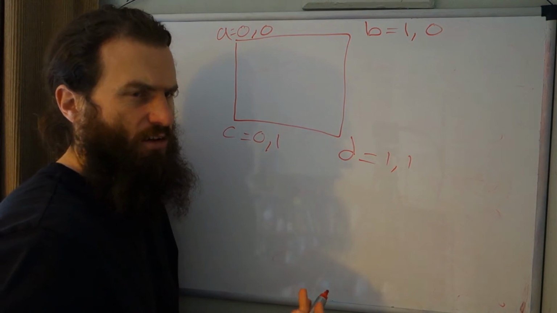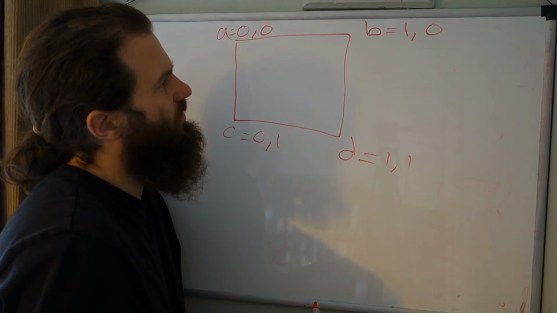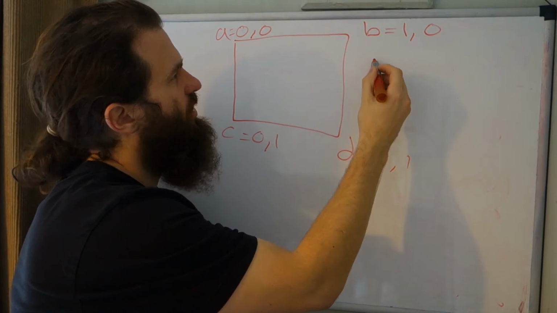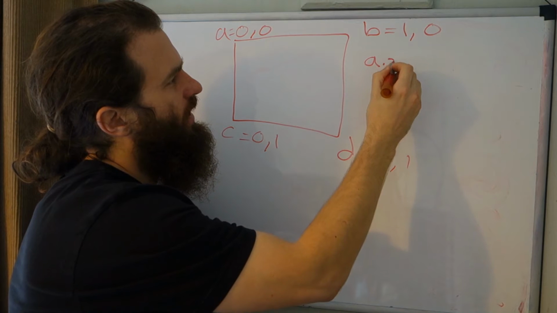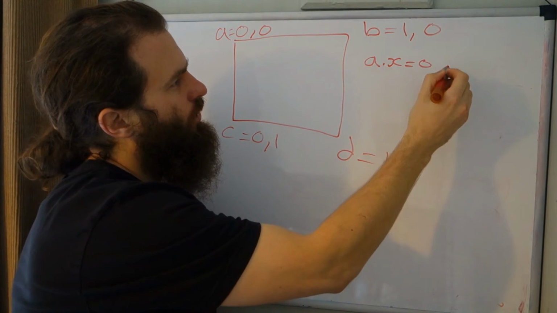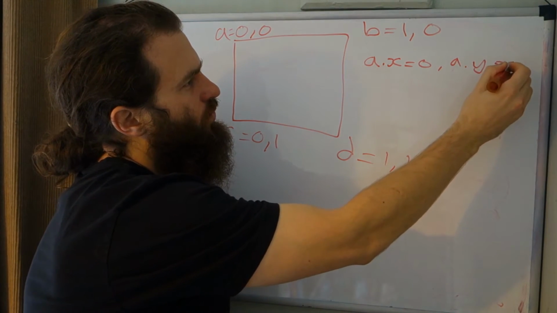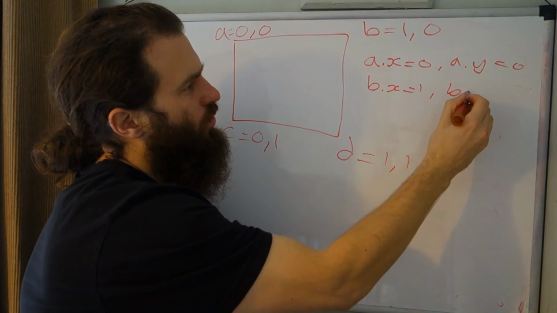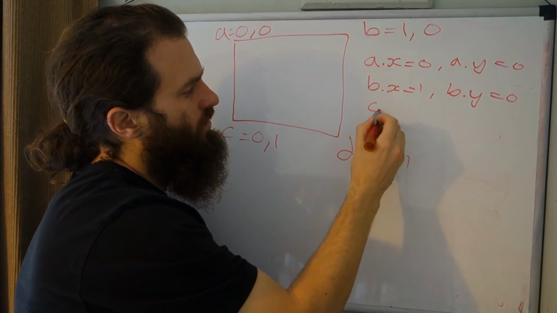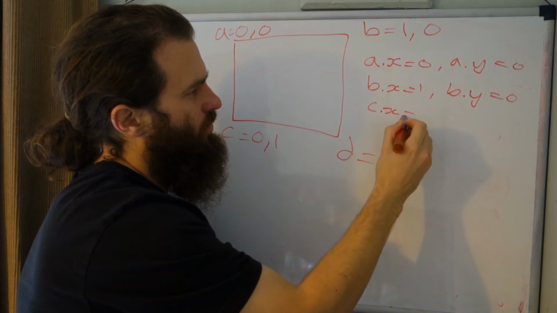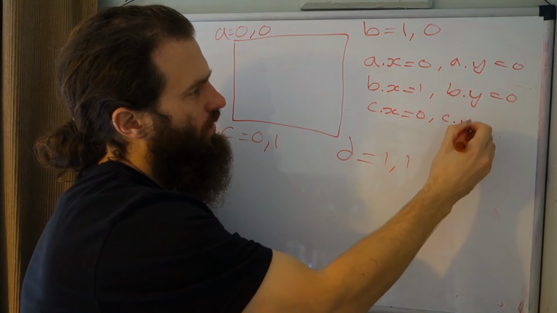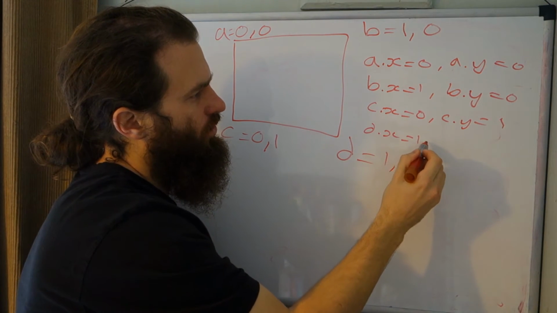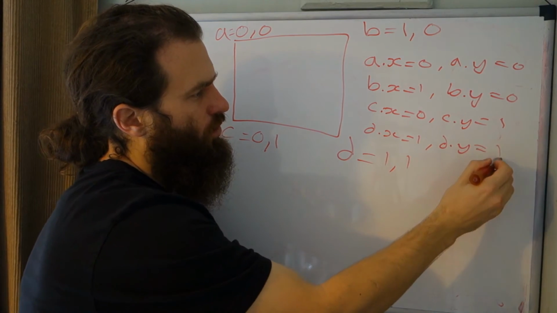I want to write this in a way that's easier to use in our iterative function declaration. So we could say that a.x equals 0, a.y equals 0, b.x equals 1, b.y equals 0, c.x equals 0, c.y equals 1, d.x equals 1, d.y equals 1.